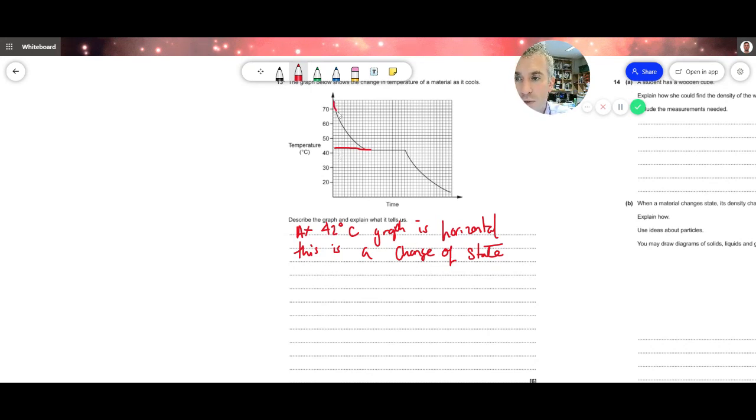Also, things we notice about the graph. This bit here is steeper than this bit. So it starts with a steep gradient, temperature change, which then slows down.